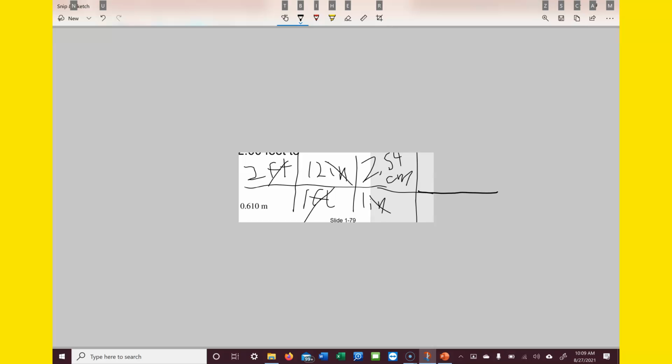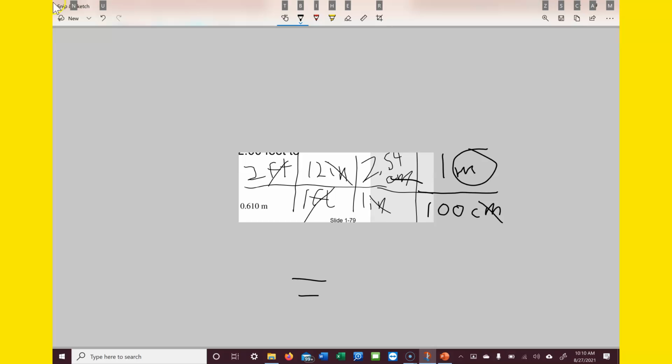So if I want centimeters on the bottom and meters on the top, then it's going to be 100 centimeters on the bottom to 1 meter on the top, and my centimeters cancel, and I'm left with meters, which is what I want.